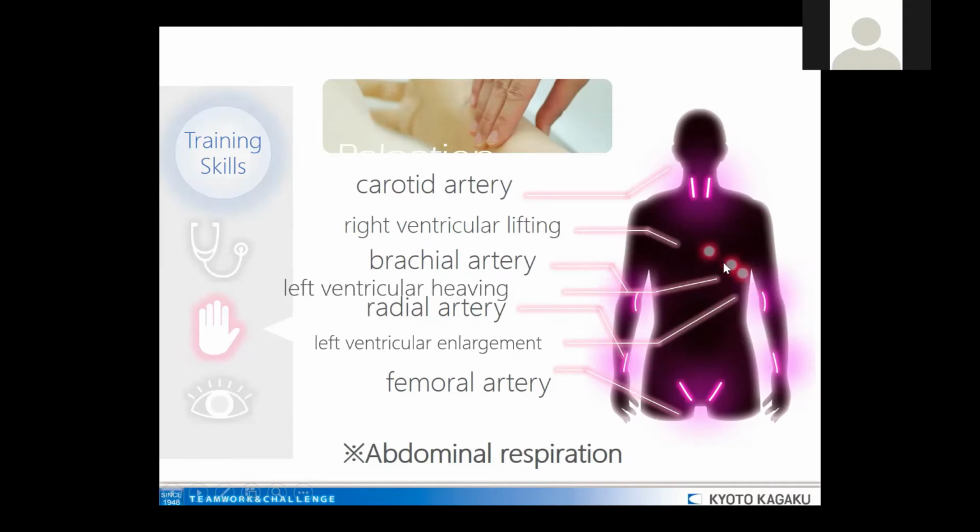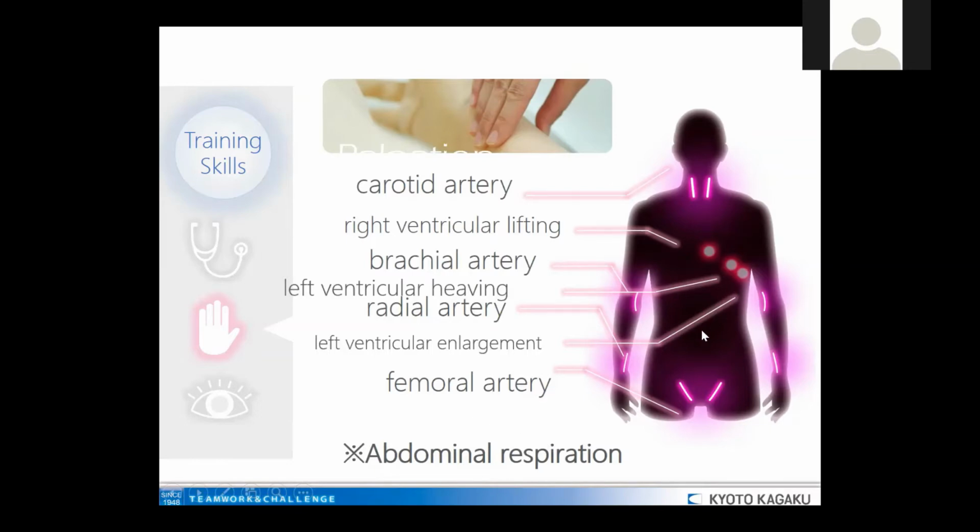Just to give you an image about it, it's actually the left side of the heart just hitting a little bit the thorax, the ribs. And that small hit causes a lift right here in this part, and it is also palpable. So we also included these 3 palpation points.